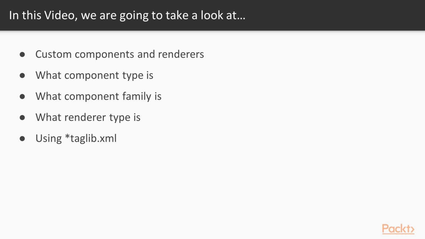Okay, so after a quick introduction, we will see why Java Server Faces needs these three coordinates: component type, family, and renderer type. Well, these three coordinates are strongly related to the Java Server Faces components and renderers.